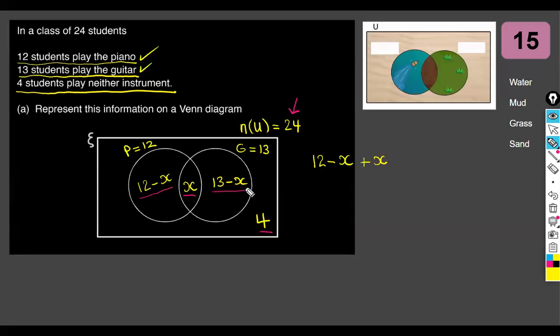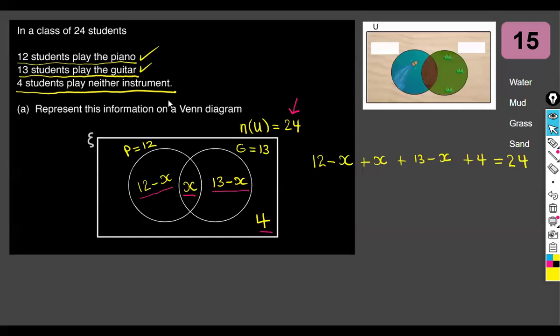Then add it to how much? 13 minus x, and then add 4. And we now said, if we add up 1, 2, 3, 4, we're supposed to get how much? 24.